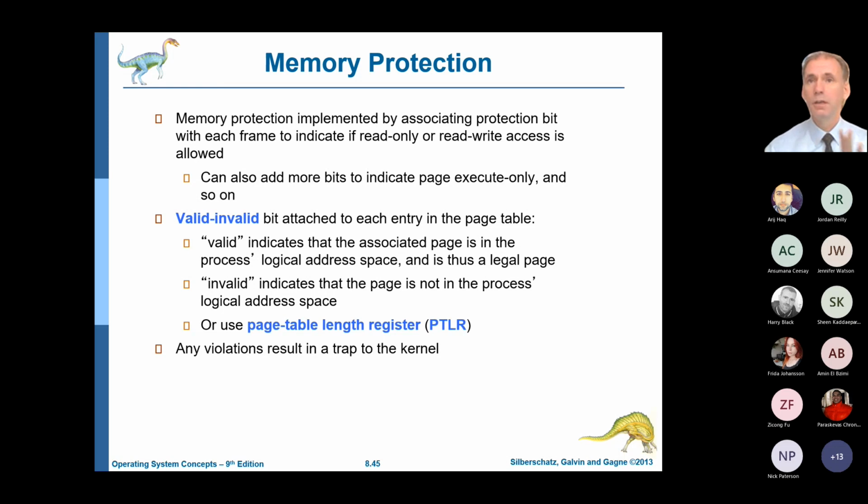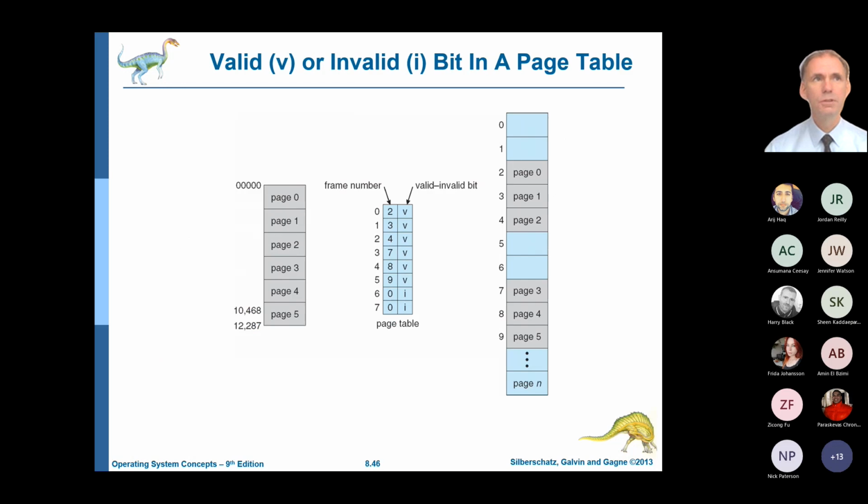So we need to have a bit that says whether it's read-only or whether we've got write access. We also need to decide whether it's valid or invalid. Is it actually part of the process or is it not? In other words, can this process validly access this memory? And if it can't, we say, no, you're not allowed to do it.